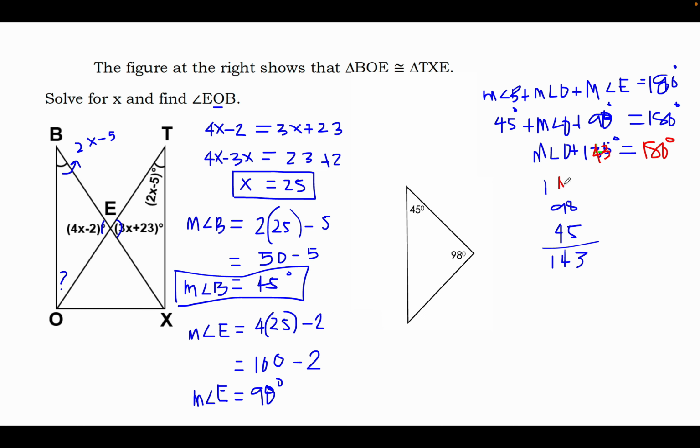So therefore, measure of angle O, transpose yung 143 to the right, that becomes minus 143. So 180 minus 143, what's the answer? 37. Okay, 37 degrees. So measure of angle O is equal to 37 degrees.